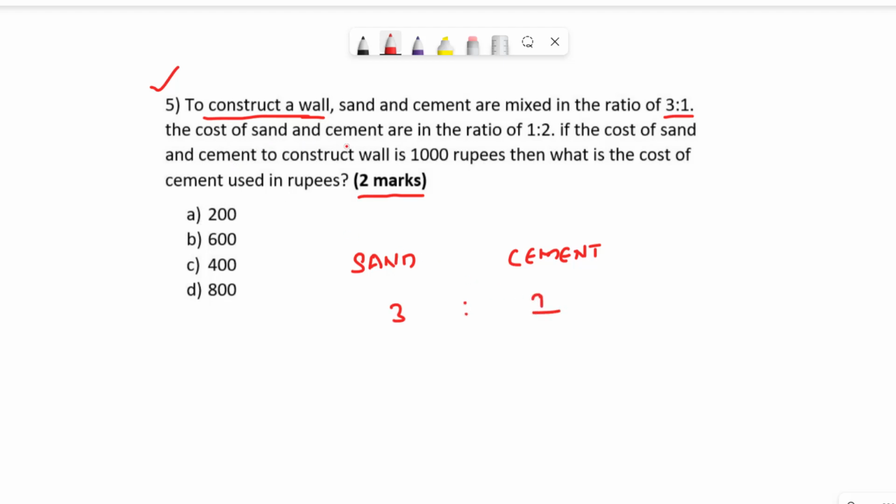The cost of the sand and cement are in the ratio 1:2. Okay.